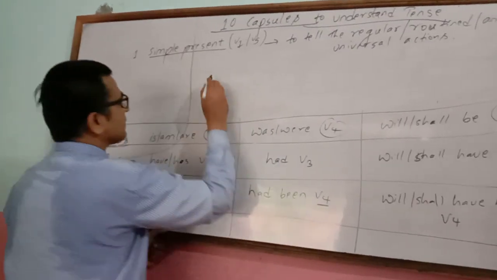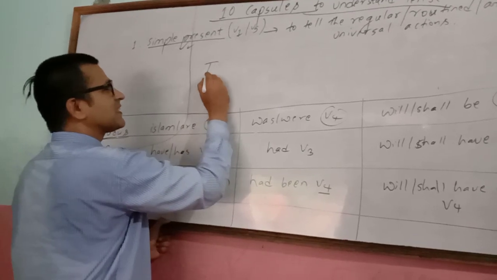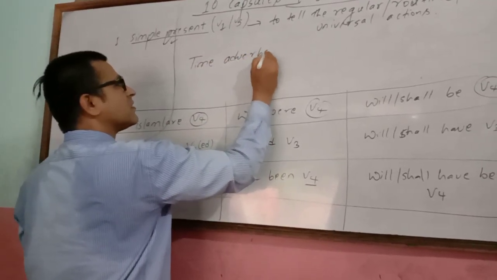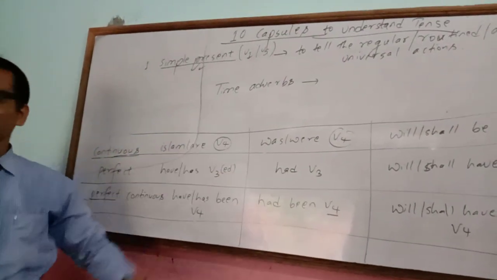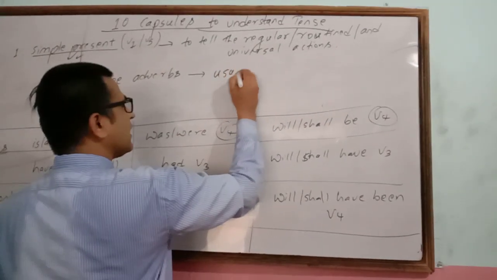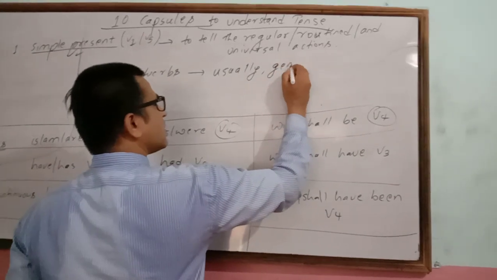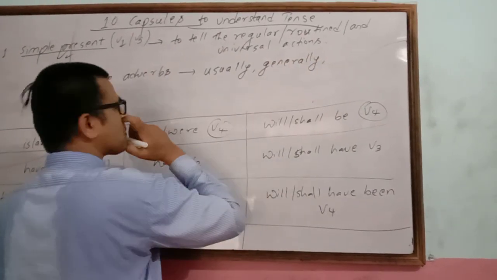And to understand it in a simple way, we need to understand the time adverbs. The very important time adverbs for simple present are usually, generally.